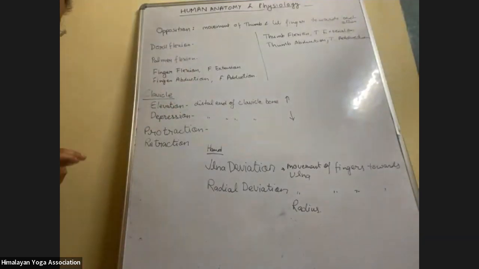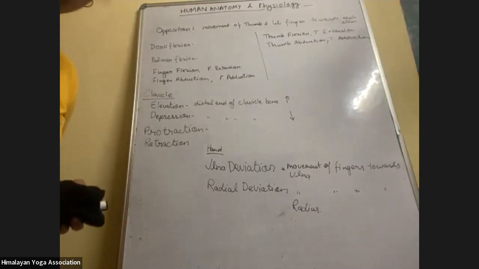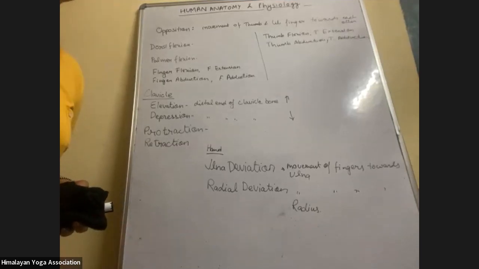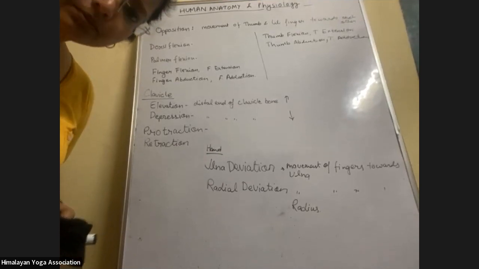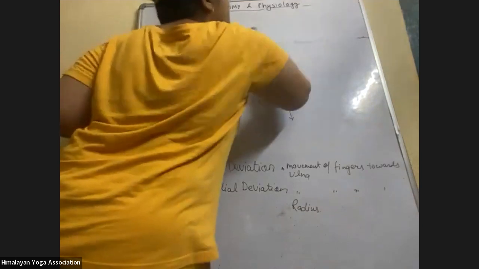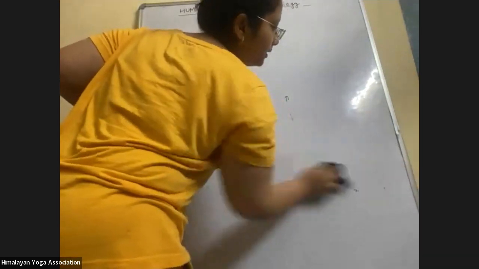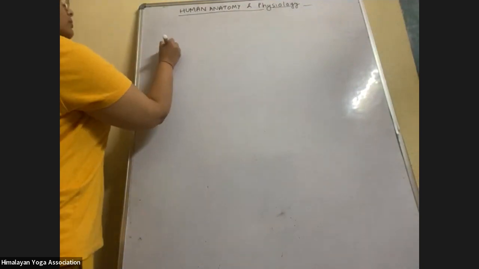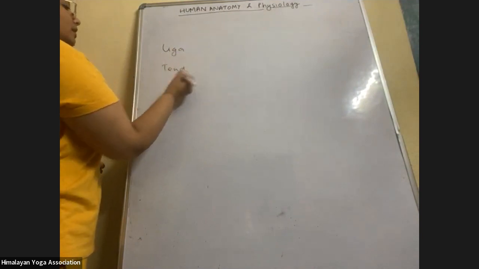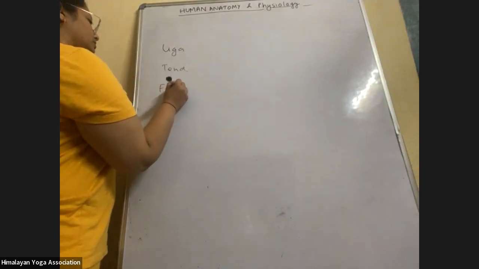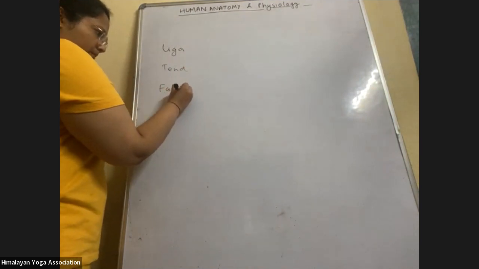Okay, we did supportive structures like ligament, tendon, and fascia. There's also myofascia, right?